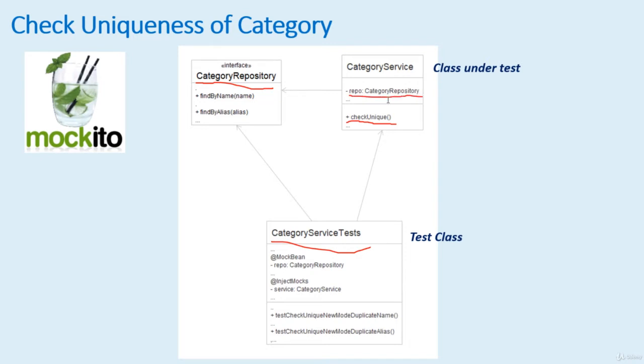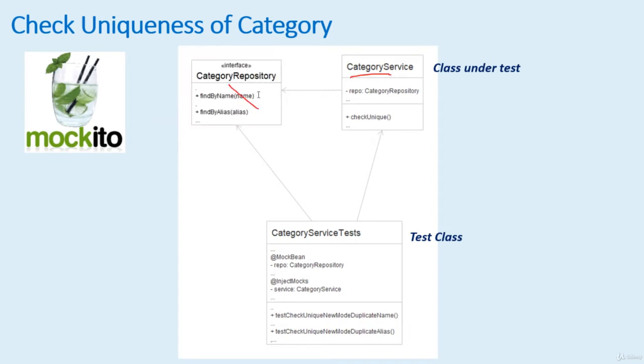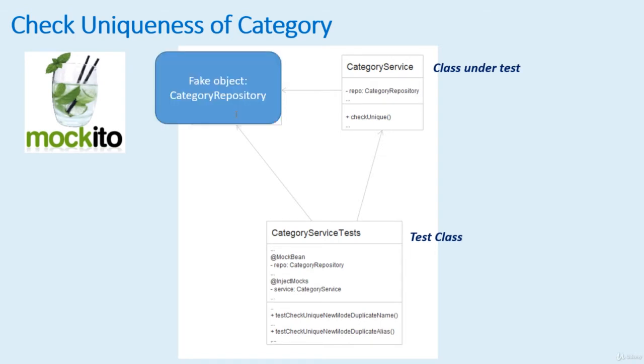But for unit testing, we can use Mockito to create a fake object of category repository, and it will be injected into a category service instance by Mockito, because we just want to test the service layer, not the repository layer. That's why we use Mockito, which allows us to create a fake object for the layer we don't want to test.